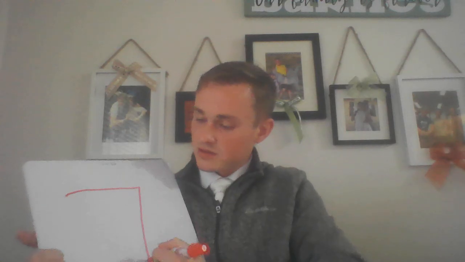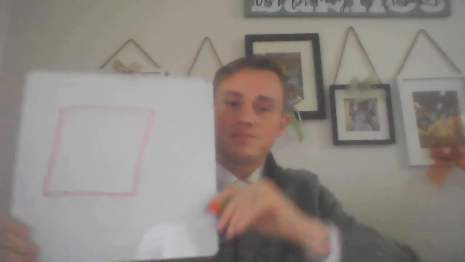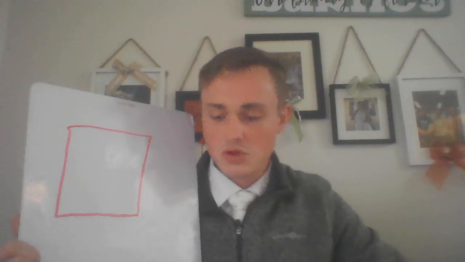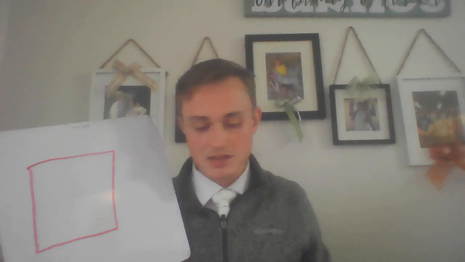So I'm going to still draw them with a square just because I like to keep it simple in my mind, or as simple as I can. And there's going to be a couple different channels that are important to note when it comes to our cardiomyocytes. The first one that I'll talk about is just a normal voltage-gated sodium channel.